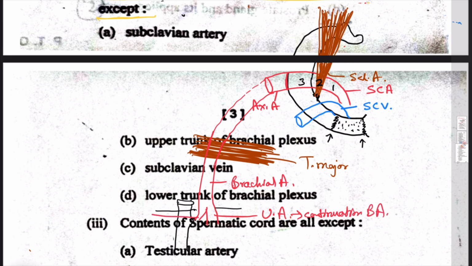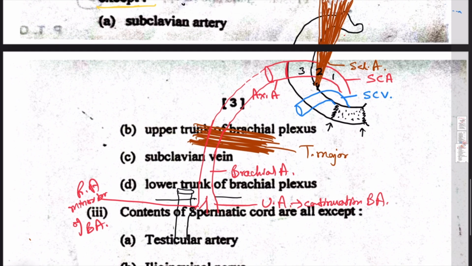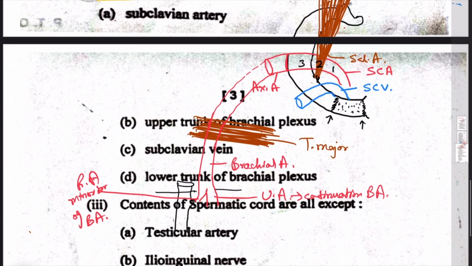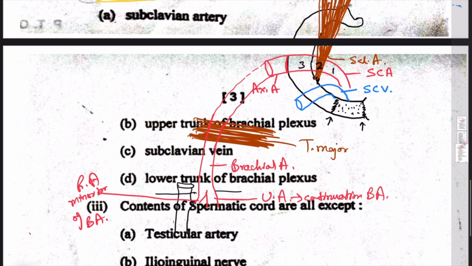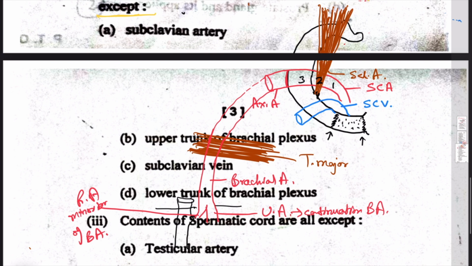And what about radial artery? Radial artery is a miniature or minor branch of brachial artery. So ulnar artery is a deep artery with a wider caliber and it's the main blood supply of the forearm as well as of the palm. Remember that the superficial palmar arch is a continuation of the ulnar artery.